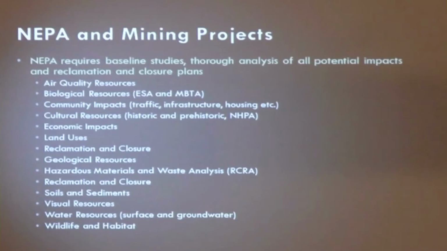Hazardous materials, waste screening, characterization, that all needs to be done. Reclamation, closure, planning, soils and sediments: how do you protect them? What do you use to reclaim? How do you stockpile it? All of those things need to be planned for and understood. Visual resources: what does it look like at the end of the day?